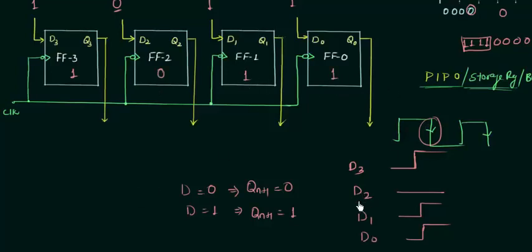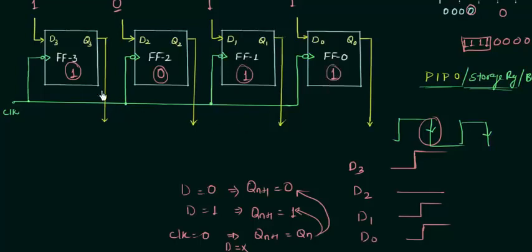Now simply make the clock equal to 0, and this implies that whatever the value of D, it is don't care, and we have Qn plus 1 as Qn, and Qn is nothing but the stored value, the previous state. The previous value is 1 for flip-flop 3, 0 for flip-flop 2, 1 for flip-flop 1 and 1 for flip-flop number 0. Now you have stored the data.